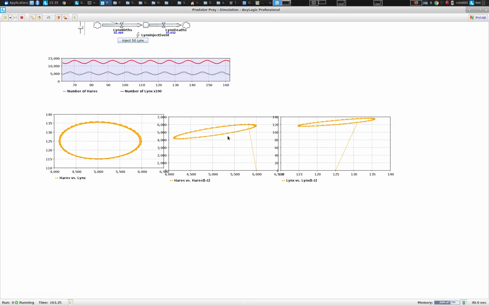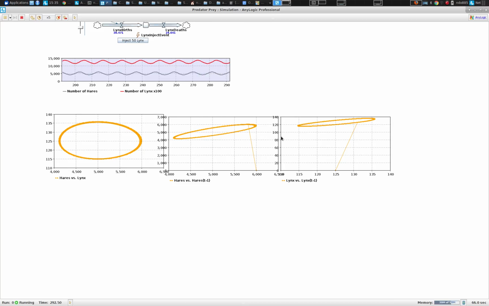We see something reminiscent of this. It's actually the same structure as this, just stretched and distorted. Here's lynx versus lynx at time t minus 1, and this is also going around in a cycle. Why? Because lynx incorporate the information about hares.